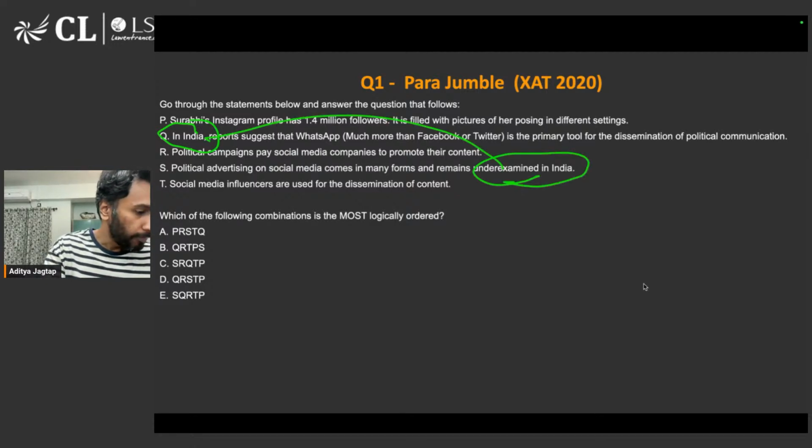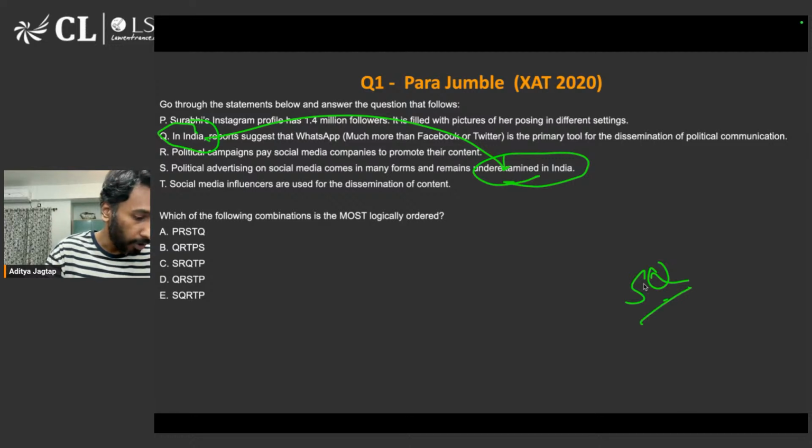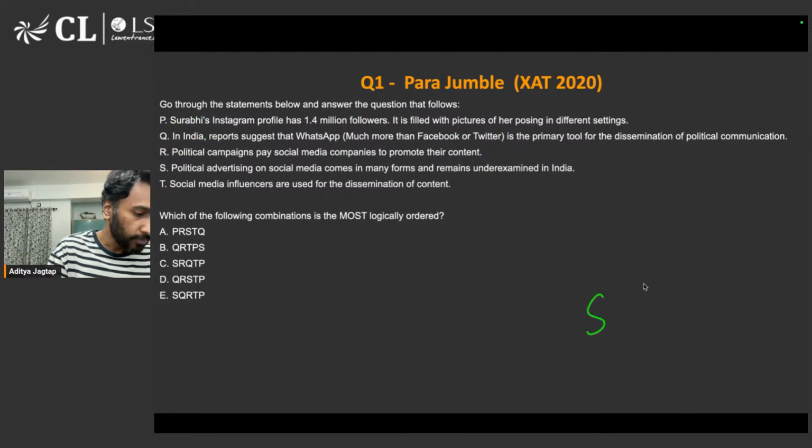So this could be an overlap, and maybe not right now, but later, SQ could be some kind of a sequence. Or if not a direct sequence, the author may head from sentence S to sentence Q. In India, the report suggests that WhatsApp is the primary tool for the dissemination of political communication. So clearly, dissemination of political communication on social media is blank A, correct?